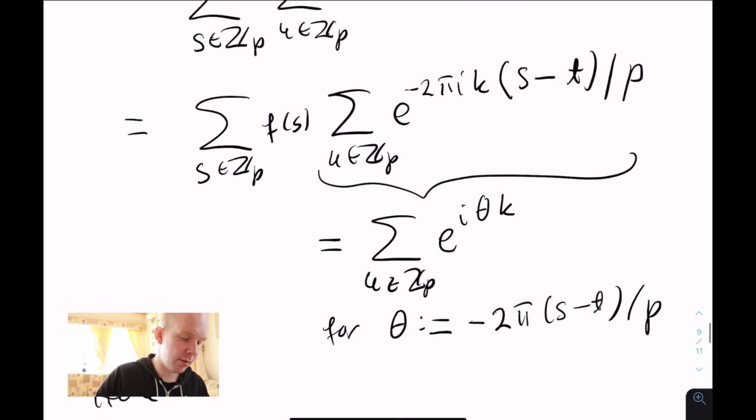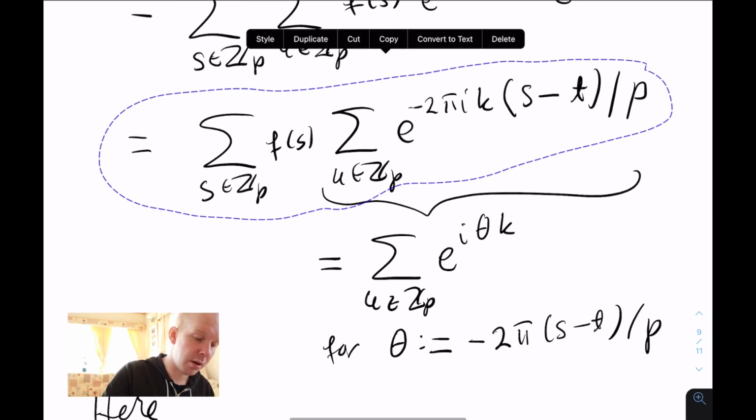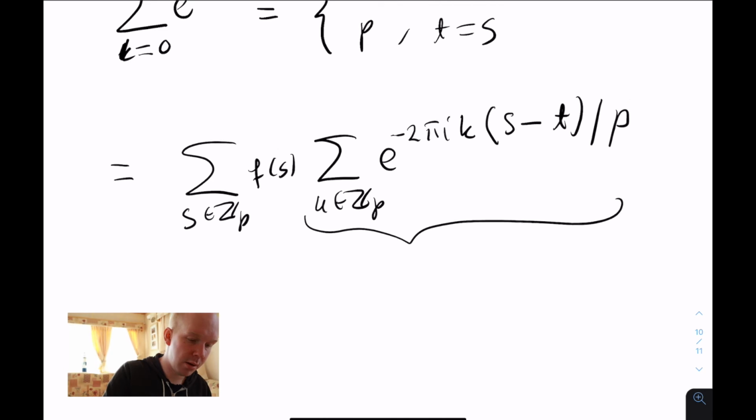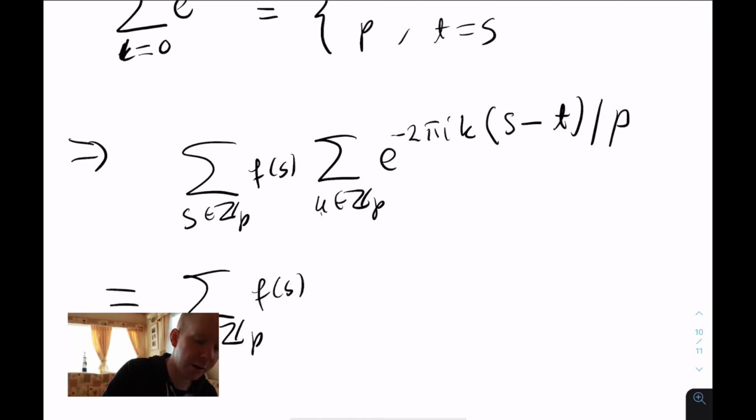So that's why we can take this expression here, take this whole thing, and paste it in here. We see that this is equal to the summation over s in Z_p, and now we know that this expression here is equal to p when t is equal to s and 0 when t is not equal to s.